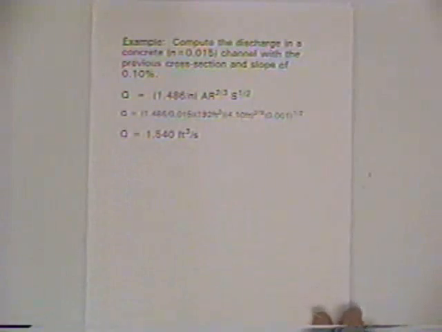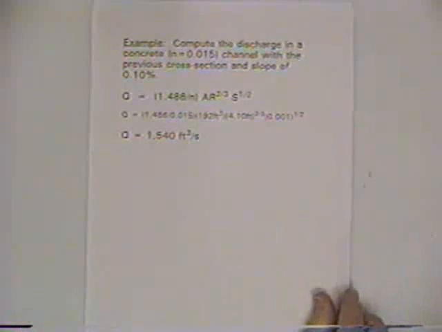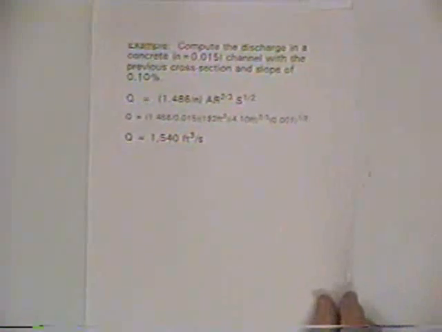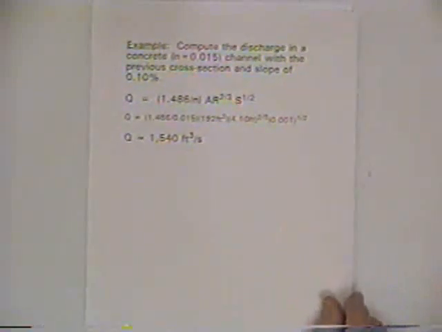Now, that's the easy way to apply the Manning's equation. And that's the way I would anticipate problems being on the exam. The other type of problem, which is just as easy conceptually but takes a little more computation, is this example.